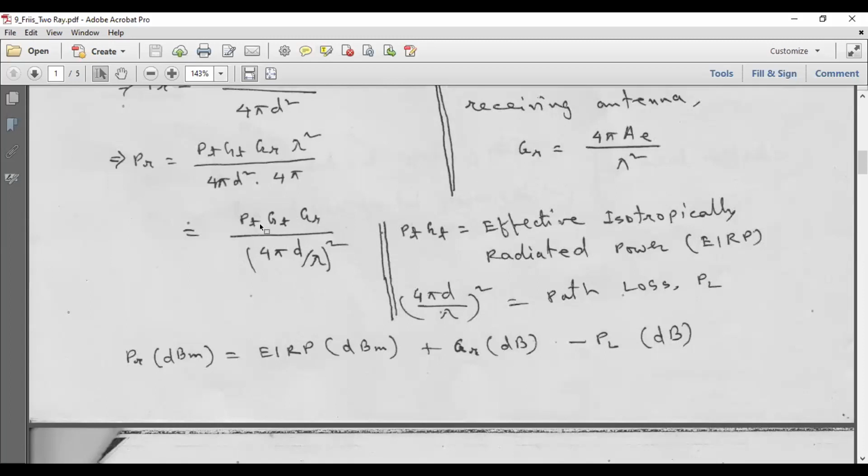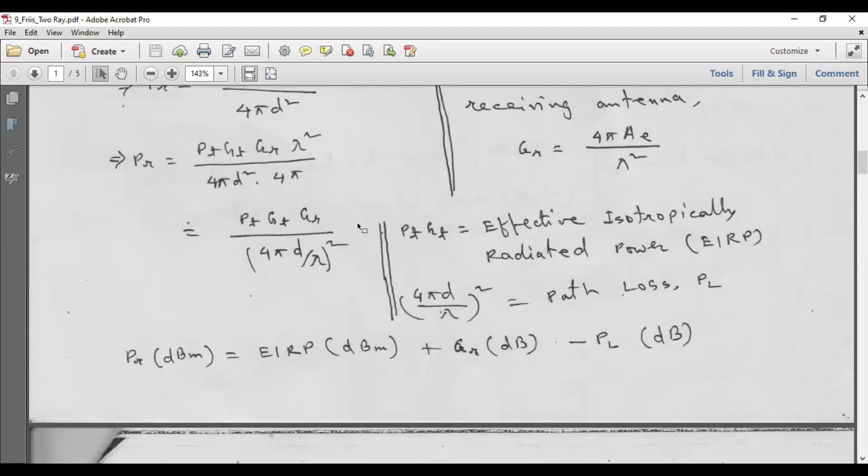But when this whole power is a multiplication of different components, you can also show it this way: PT by 1 milliwatt multiplied by the rest, GT GR by 4 pi d.